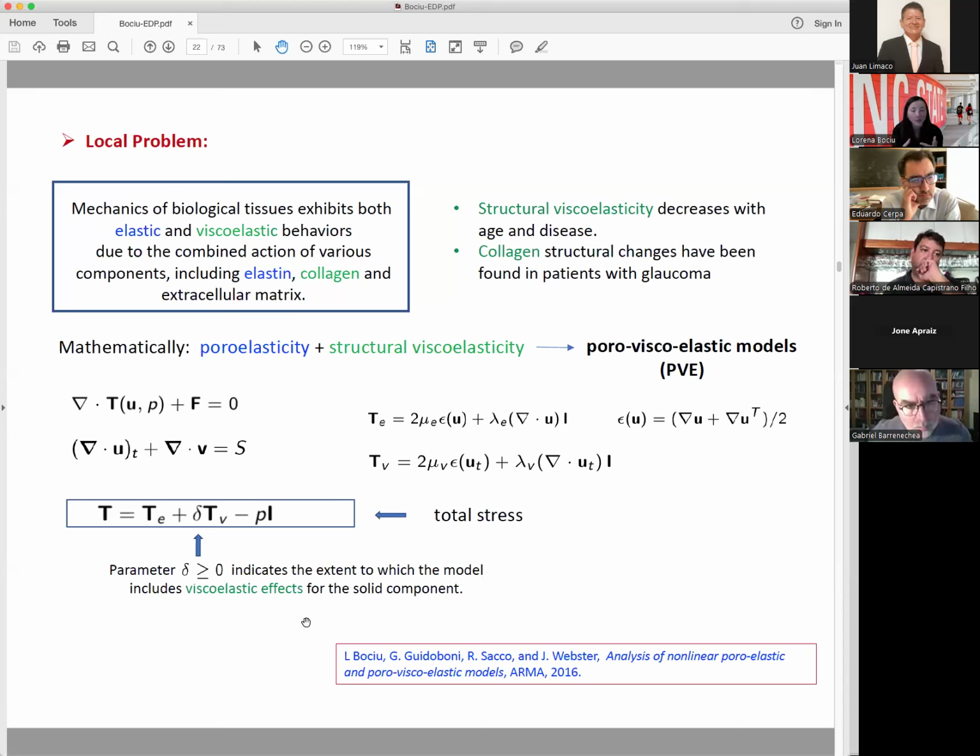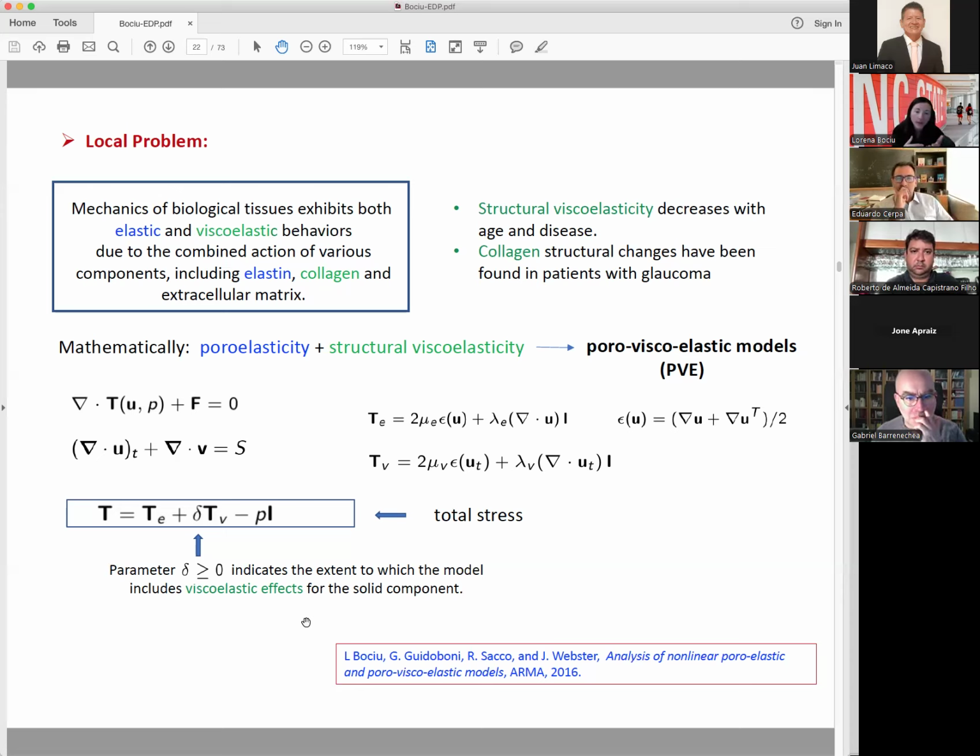At a certain age, our body's production of collagen dramatically decreases, okay? Hence wrinkles. And this not only happens to our face, it happens in our entire body, okay? And collagen structural changes have been found in patients with glaucoma.